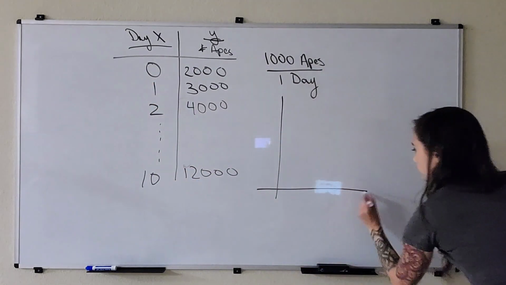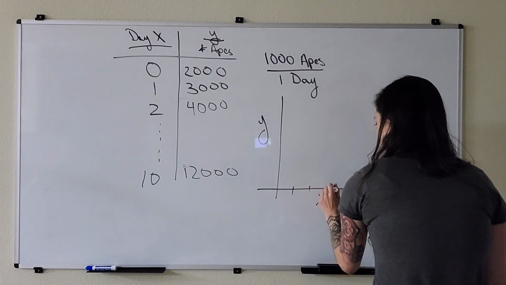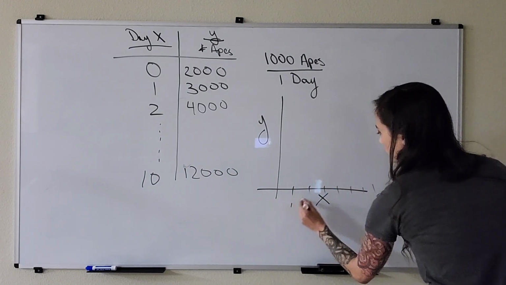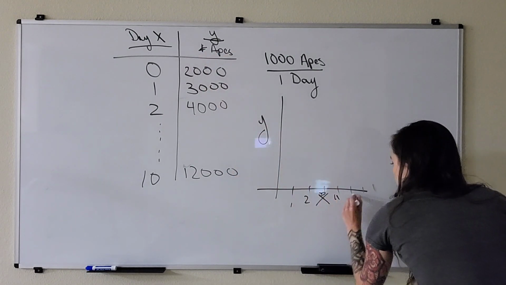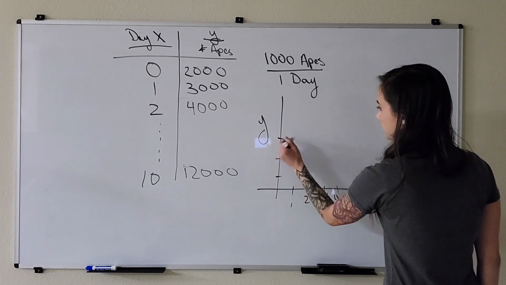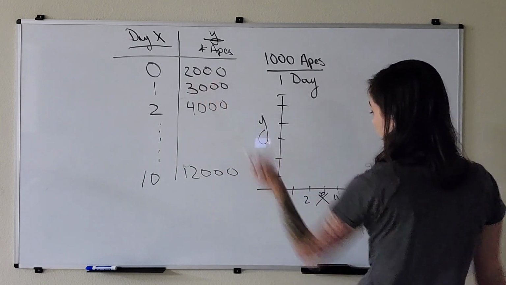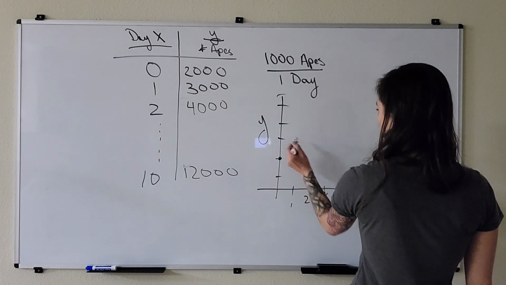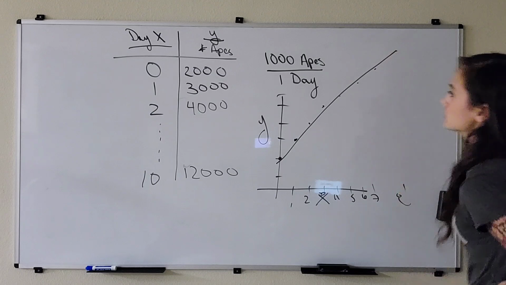We have our x and y values: our x values, which are the number of days, up to 10. So at day 0, there are 2,000 here. Day 1, 3,000, day 2, 4,000, and so on. So it makes this line right here.